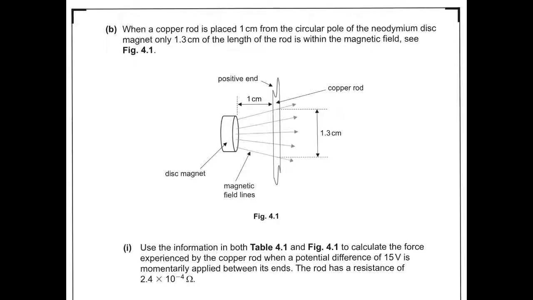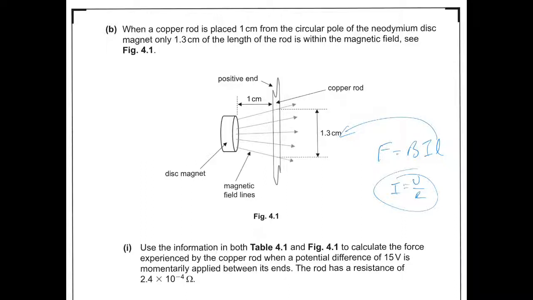So, several things going on here. First, you would use Ohm's law to get a current, because we're going to do an F equals BIL calculation. So I is going to be V over R. You can do this in one go. You don't necessarily have to work out I. You can put V over R into your equation. The L here is going to be the amount in the field, so that's that value.